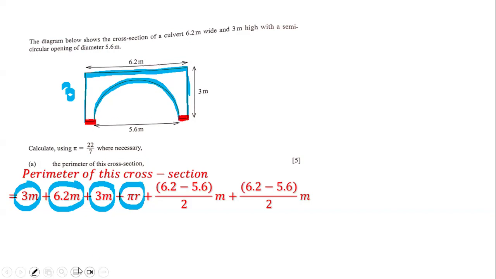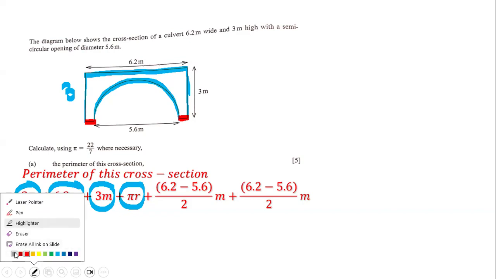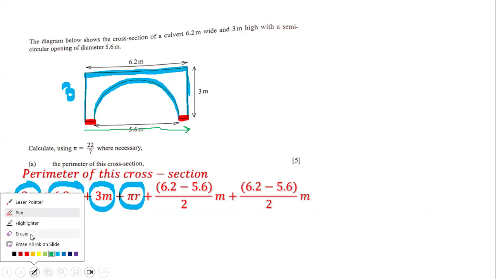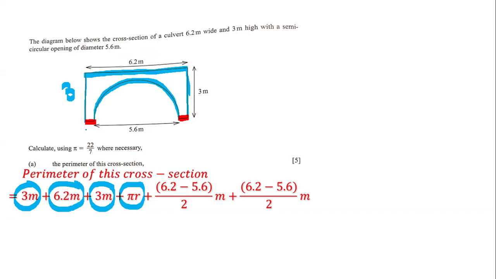Now, what do we know? Well, one thing we do know, let me use a different color, let's say green, is that this entire distance from here all the way to here is 6.2 meters.